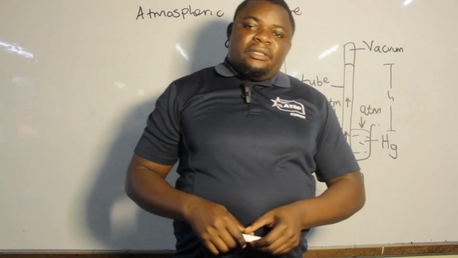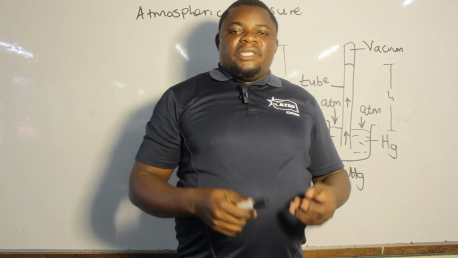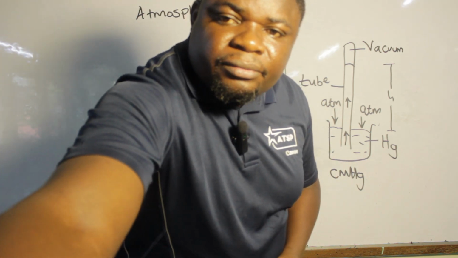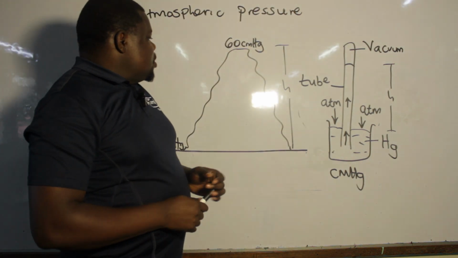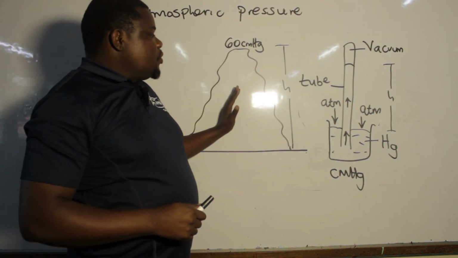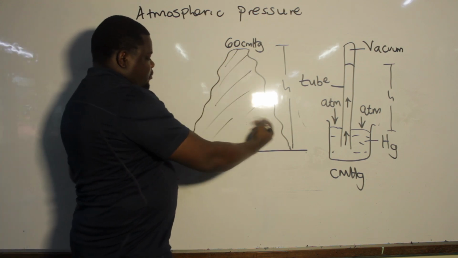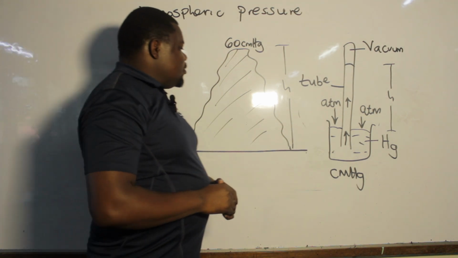Now from here, we are going to see some of the applications of atmospheric pressure, and we are going to use this mountain. This is a small mountain, a simple diagram representing a mountain.